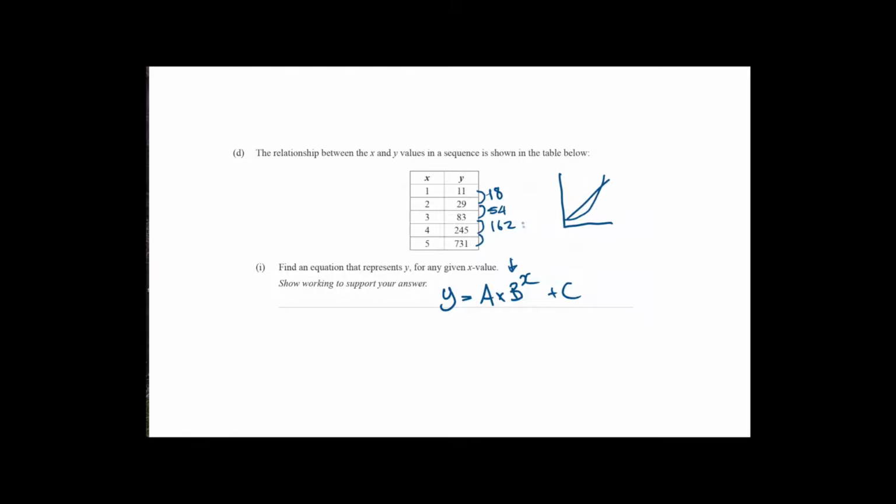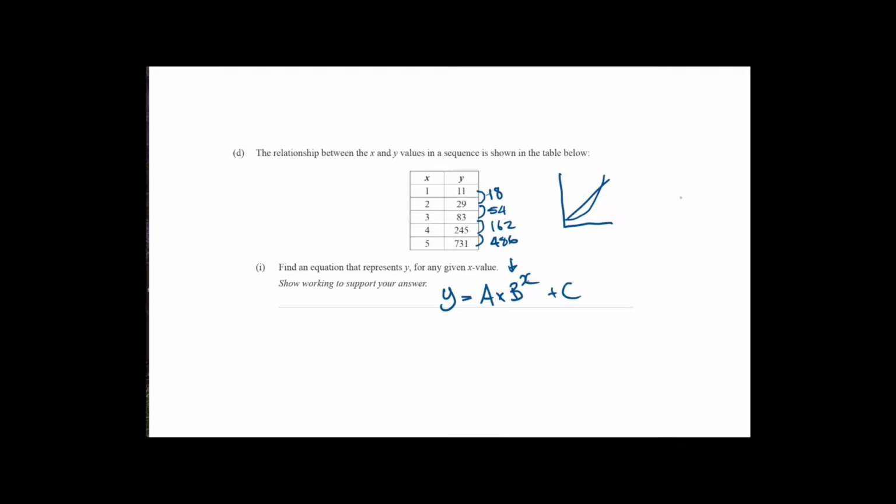So it's obviously not parabolic. If this is a parabola, these would all be the same number. And then the last one is 731 minus 245, and that's 486. That's kind of the differences of the differences.